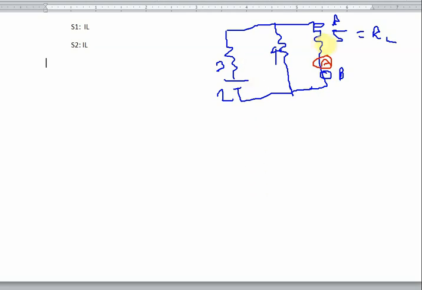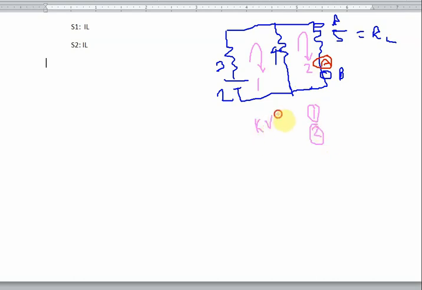Theoretically, there are two closed loops, loop number 1, I1, and loop number 2, I2. You can see the load current through the 5 ohm is independent, so it is I2 only. Write equation number 1 for loop 1 and equation number 2 for loop 2, using the Kirchhoff voltage law method.